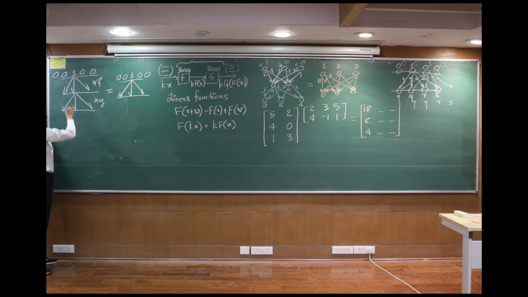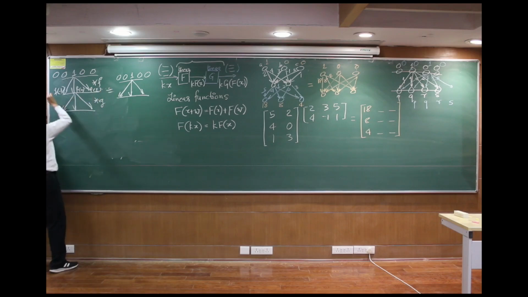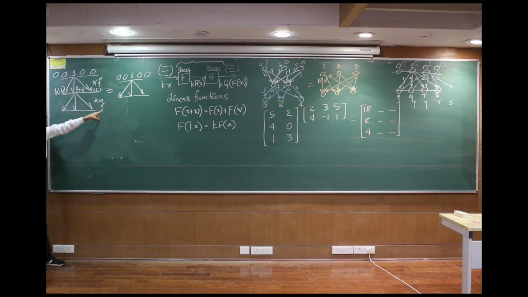If you put in the impulse here, what will come out here? Impulse response equals the spreading rule. So obviously f itself will come out here, right? f of 0, f of 1, f of minus 1, and so forth. And if f is what goes in here, what comes out here?